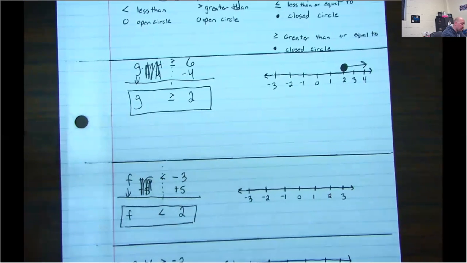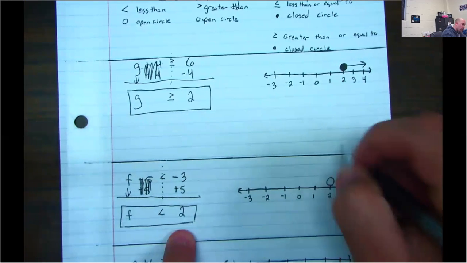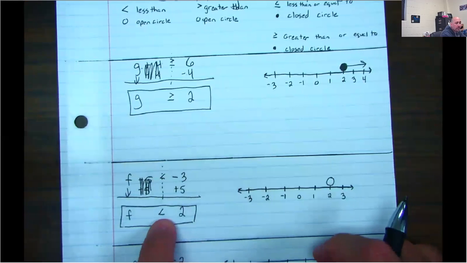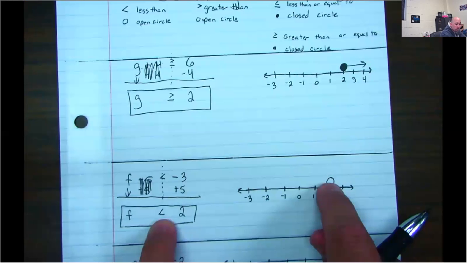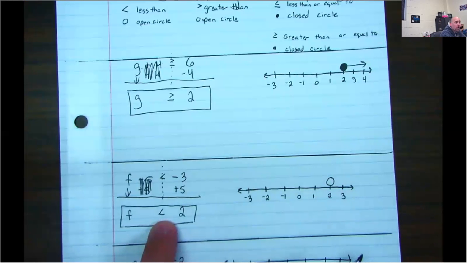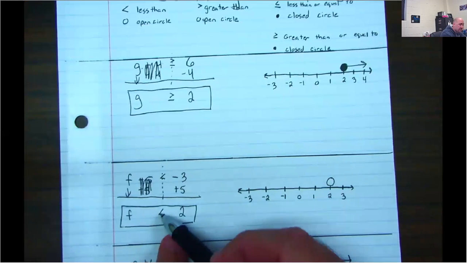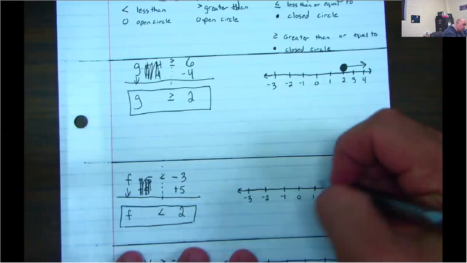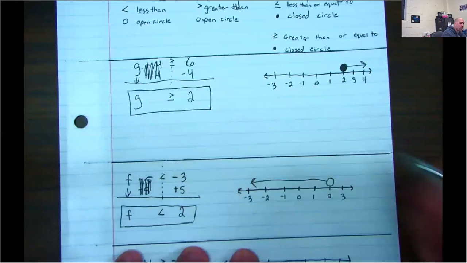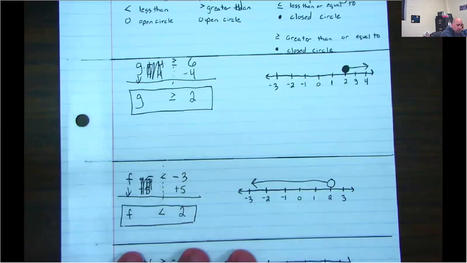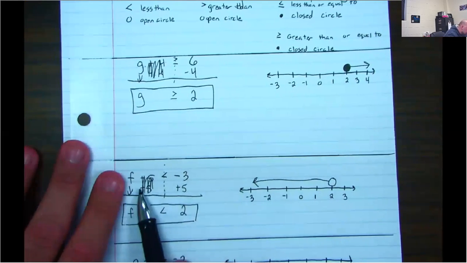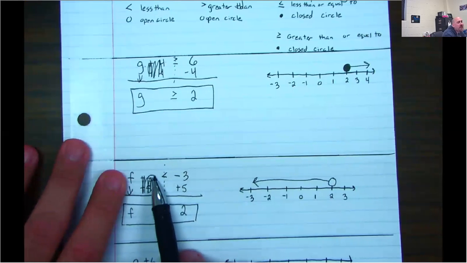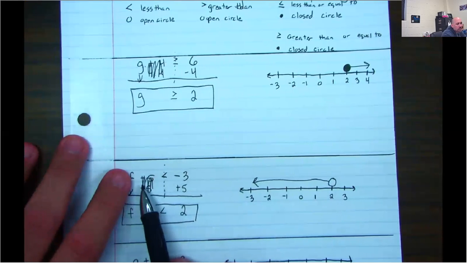So we're going to have an open circle at 2. Is there a solid bar underneath? No, there's not. So leave it as an open circle. Third, which way is the tip of the arrow facing? It's facing the left. You shade to the left. Now we're going to plug this in. 2 minus 5 is negative 3.